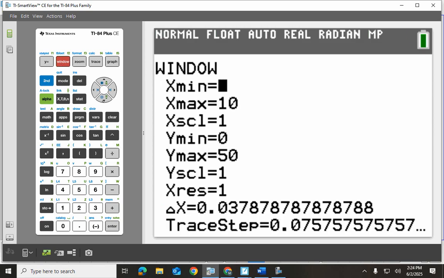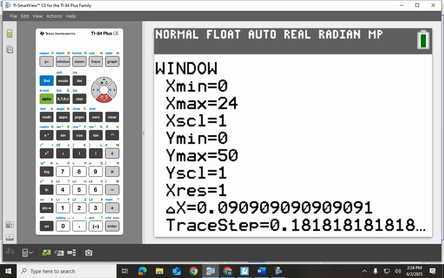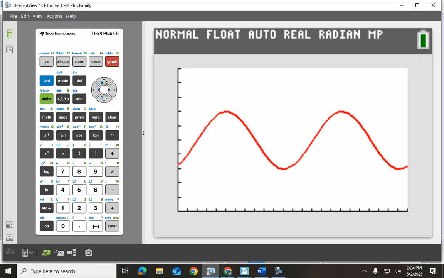So I want to go from 0 to 24 because there's 24 hours in a day. And then the other one's going to be 0 to 10 because I already know where my midline and my amplitude are. So hopefully now I get that funky wave. Hopefully. Yep. So the tide height, right? High tide, low, right? This is high tide when the water is super deep. This is low tide when the water is super low. Okay.